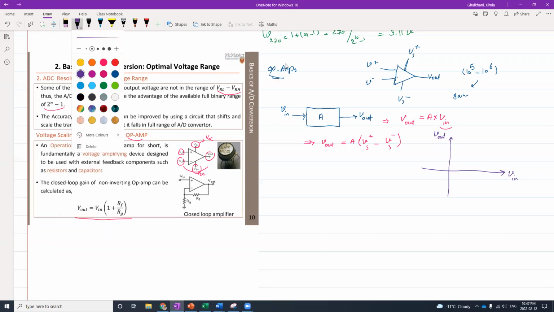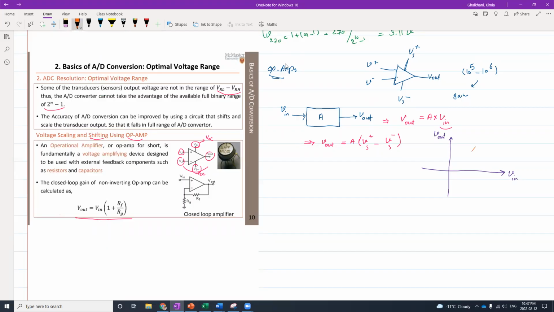This gain is going to be like this, right? What I have in here is the positive voltage from the power supply, and this is going to be the negative voltage from the power supply. So this is going to be my gain. Whatever I have in here is going to be my A. That's how I can map this equation.